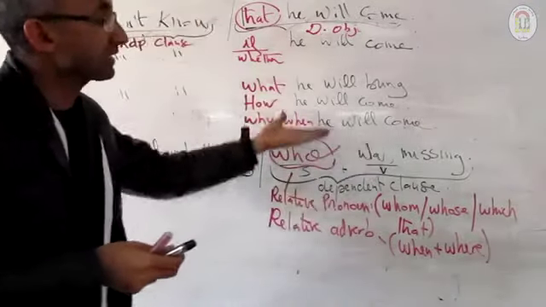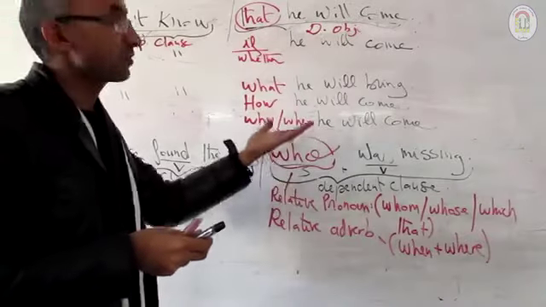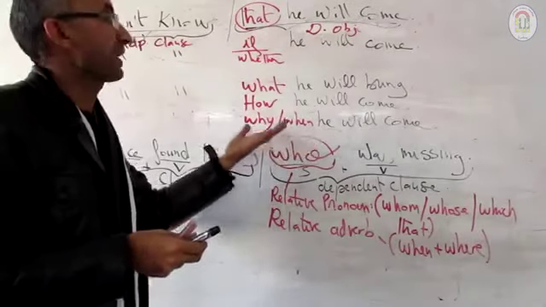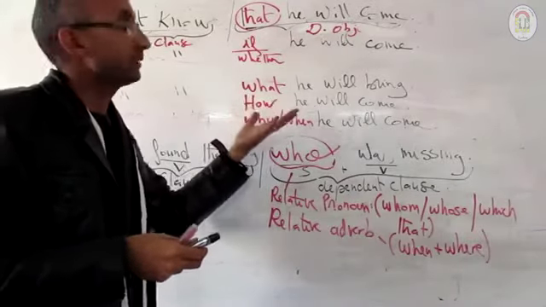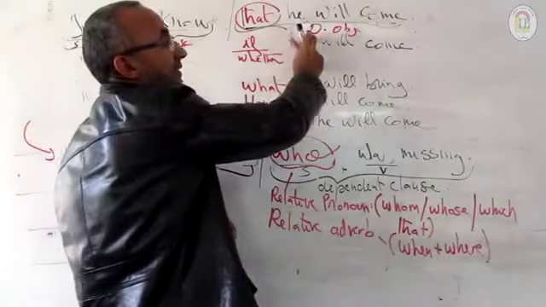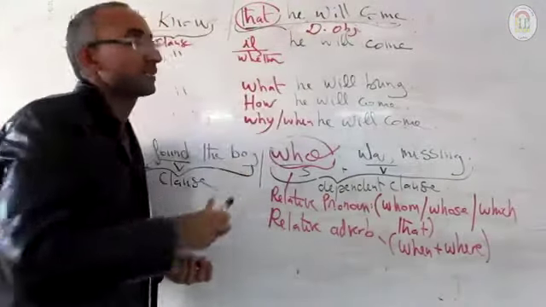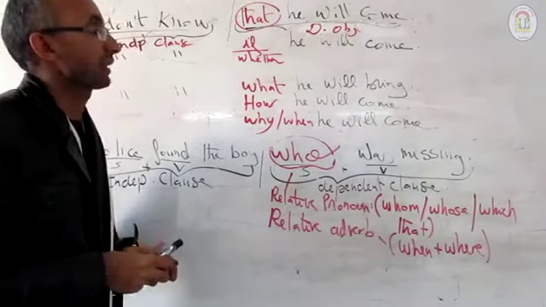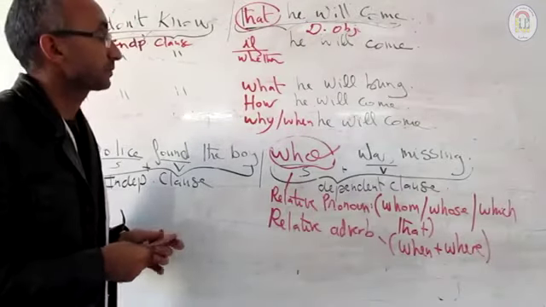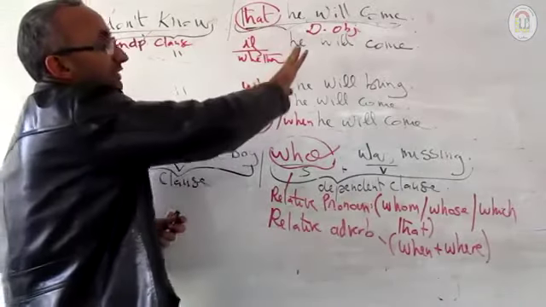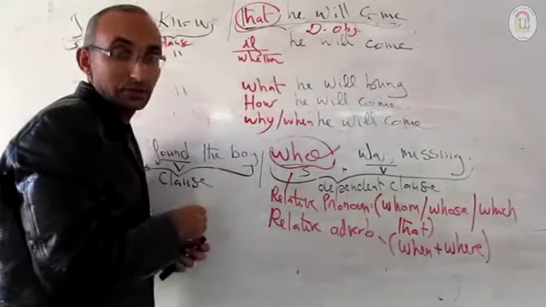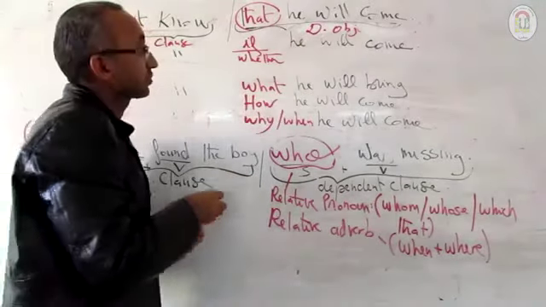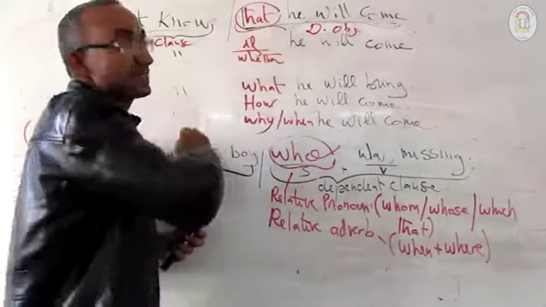So all these clauses are the answer of "what", and they represent my direct object. Clear? Direct object.